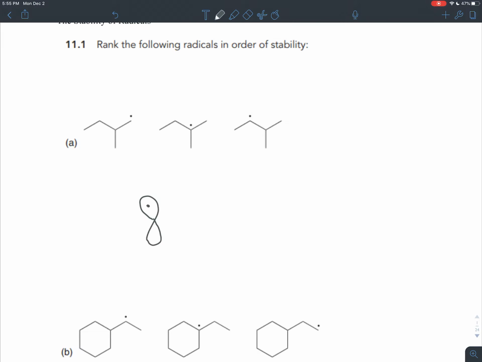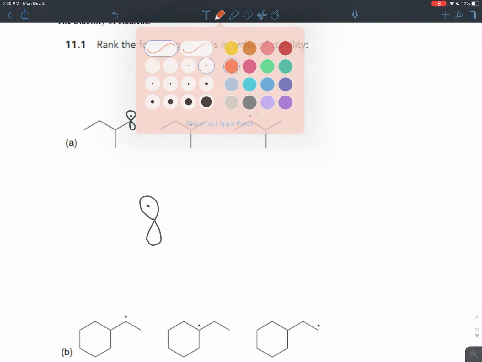And we've seen already how these p orbitals can spread charge out when they're next to sp3 orbitals. The p orbital, the lobes go up and down. Say for example we have this p orbital here, and right next to it you have a carbon with sp3 orbitals.